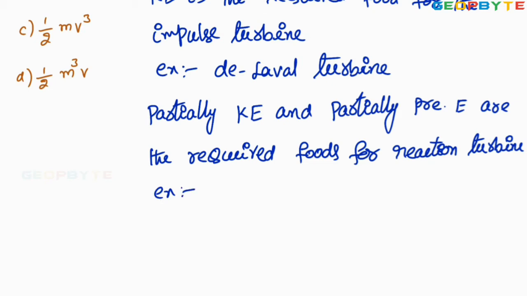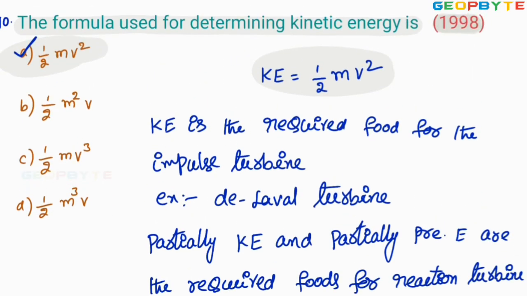Example for reaction turbine is the Parsons reaction turbine. So anyhow, the kinetic energy formula is half mv square. I hope you got my point. Let us take the next problem.